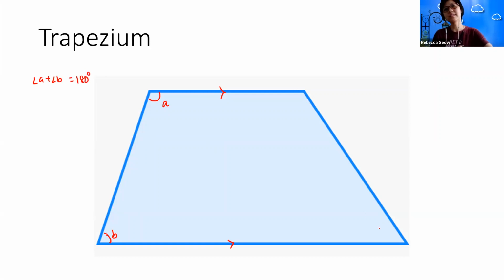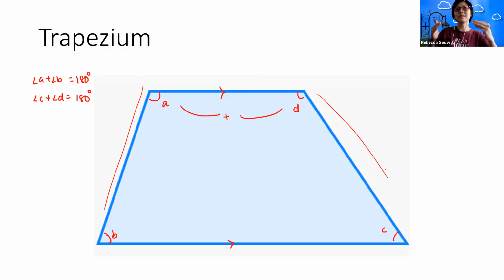And it's the same for the other two angles, which add up to be 180 degrees. But just take note that if you were to add angle A to angle D, this does not make 180 degrees because the two lines that angles A and D are within are not parallel.